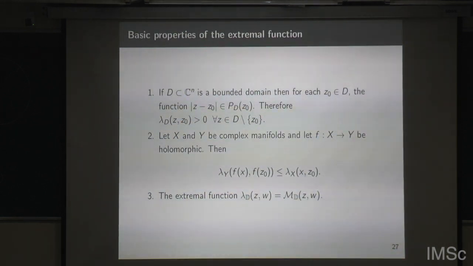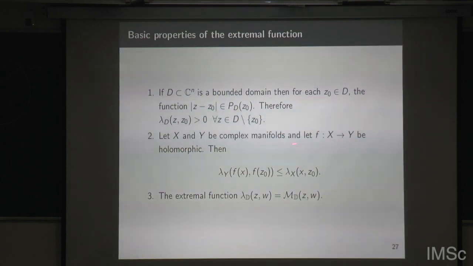Let me just describe the basic properties of this function. If you take a bounded domain, then mod z minus z0 is clearly there in that collection P_D z0. All the properties are trivially satisfied. So lambda_D(z, z0) is always greater than 0 for all bounded domains. Second is that even this pluricomplex Green's function or the extremal Green's function also has a distance decreasing property.